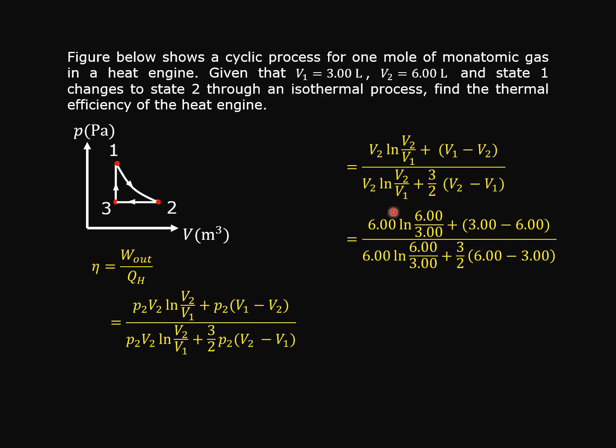We substitute the values for V1 and V2 given in the questions, where V1 is equal to 3 liters and V2 is equal to 6 liters. Take note that we don't need to convert liters into cubic meters, because the liters in the numerator and the liters in the denominator will cancel.